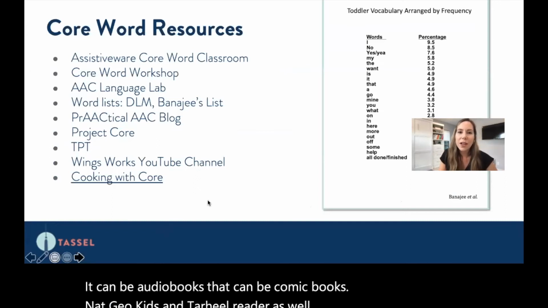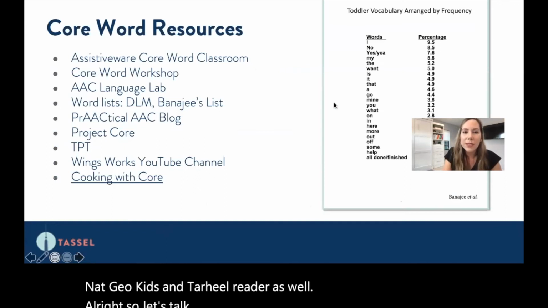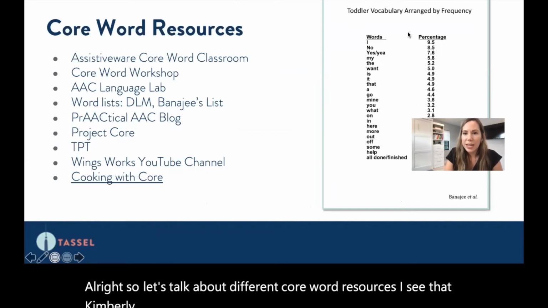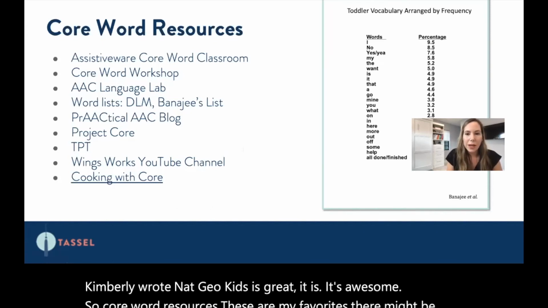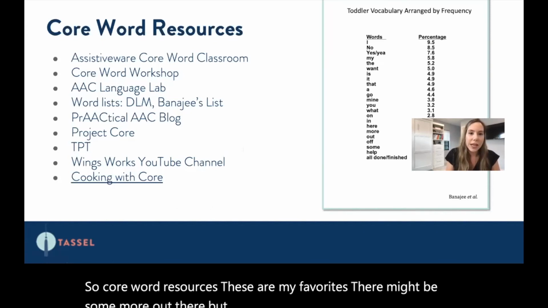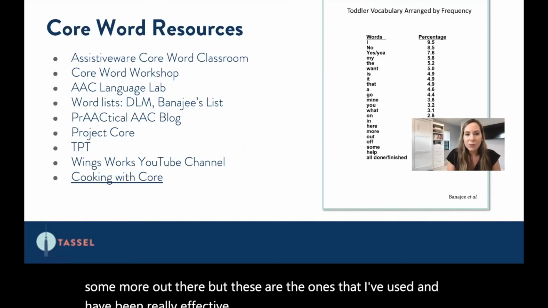All right, so let's talk about different core word resources. I see that Kimberly wrote Nat Geo Kids is great. It is, it's awesome. So core word resources, these are my favorites. There might be some more out there, but these are the ones that I've used and have been really effective. The first is the Assistive Ware Core Word Classroom.